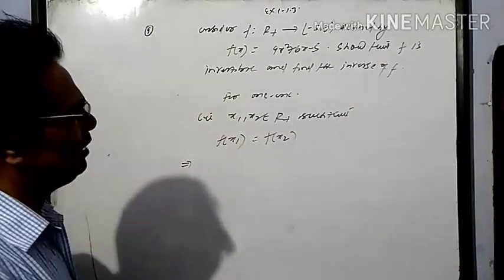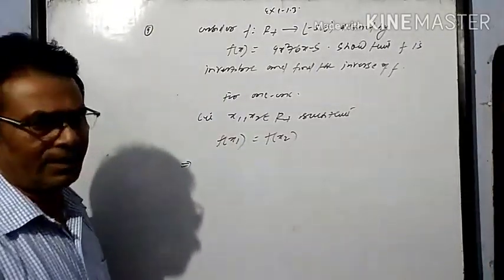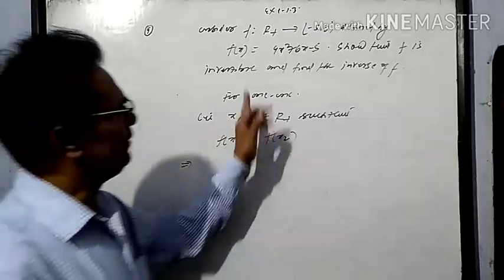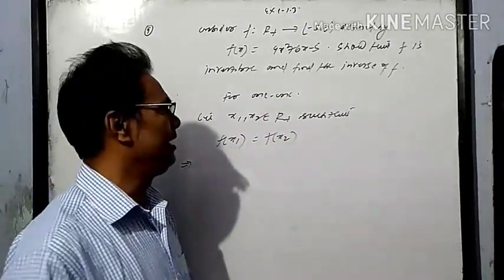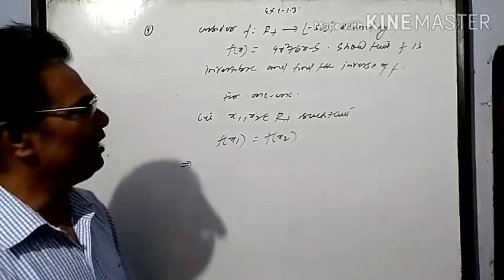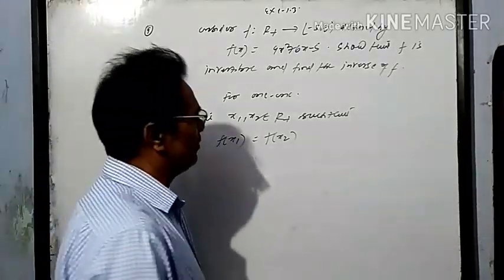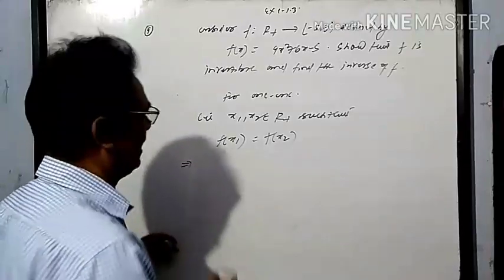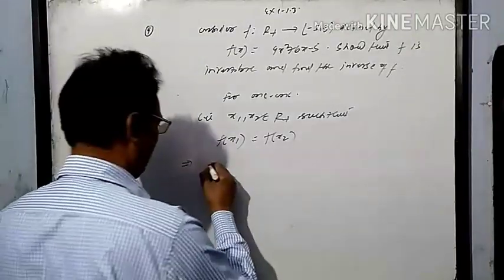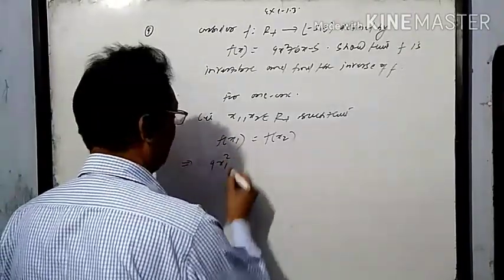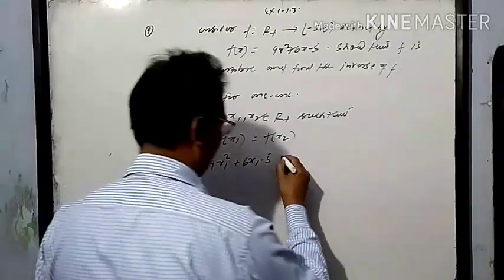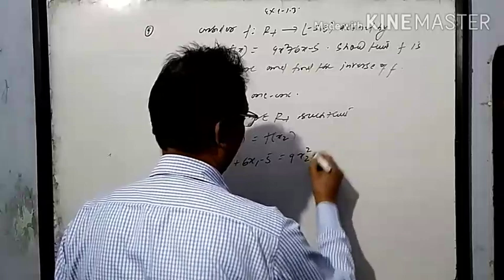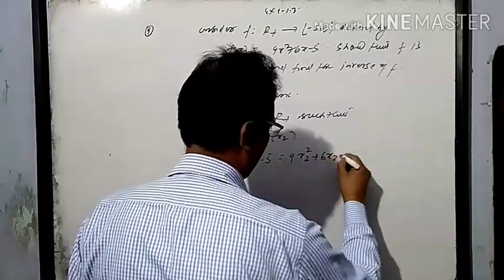Since f(x) = 9x² + 6x - 5, therefore f(x1) = 9x1² + 6x1 - 5 and f(x2) = 9x2² + 6x2 - 5.